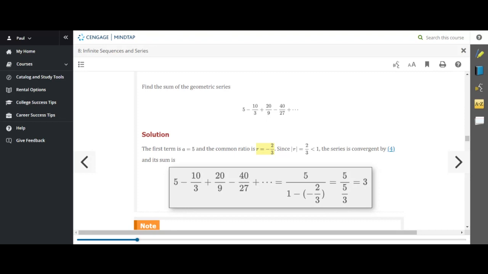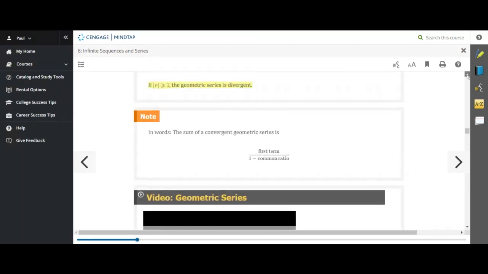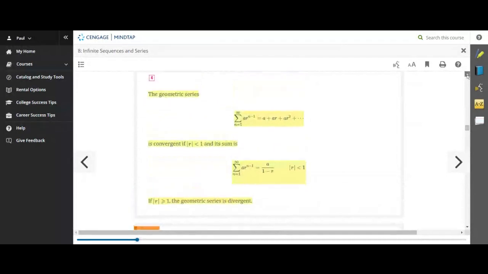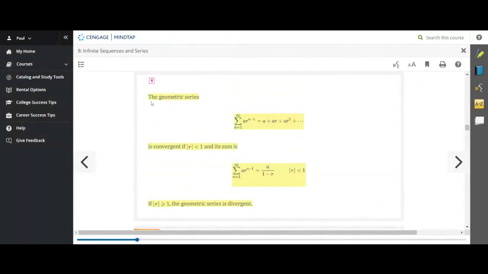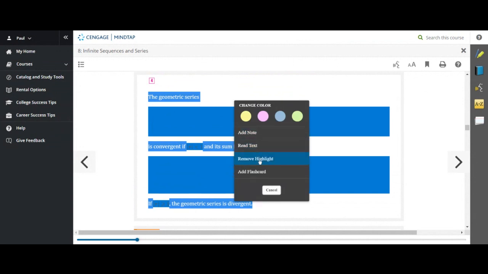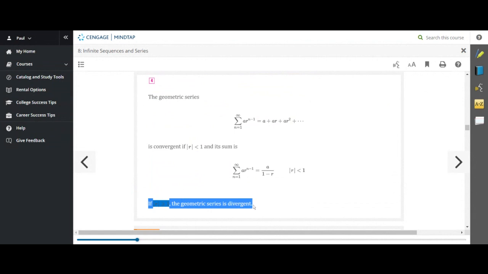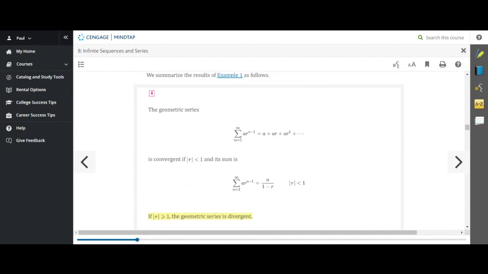If the absolute value of r is greater than 1, then the series diverges, and it just never converges to a finite value. In theorem 4 here, see?